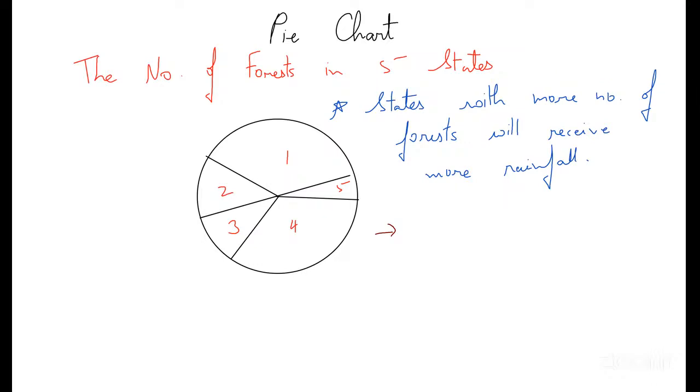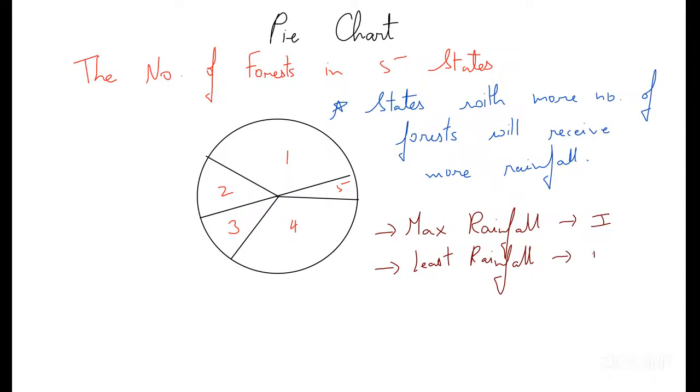So state 1 will have the maximum rainfall, and the 5th state will have the least rainfall. Why? Because the 5th state has the least number of forests.